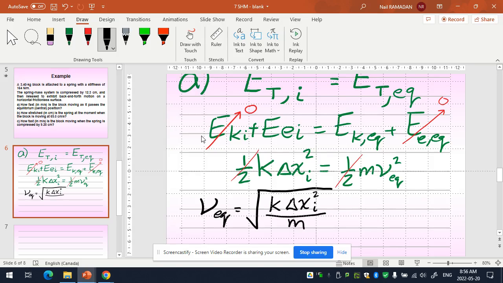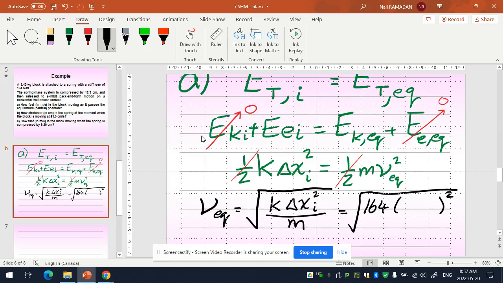Done. All right, let's plug in some numbers. And remember, your numbers have to be in standard units. K is 164. What's the compression that you're given? 12.3 centimeters.